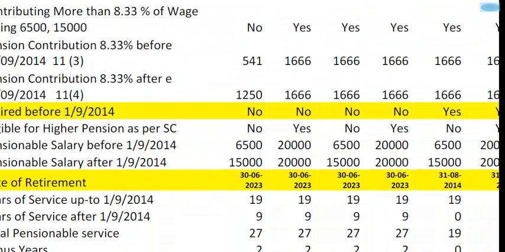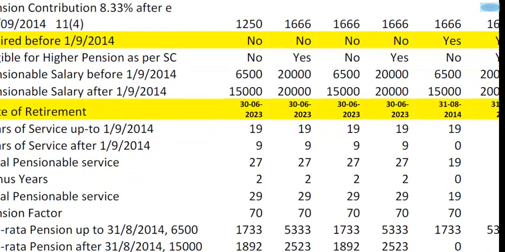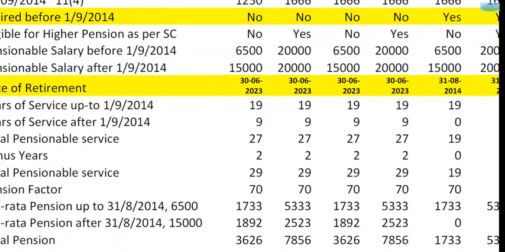Eligibility: no, yes, no, yes. Okay. So pensionable salary before 2014 proportionate calculation, pensionable salary post amendment, because the pension salary ceiling limit was increased. So this is how it works.